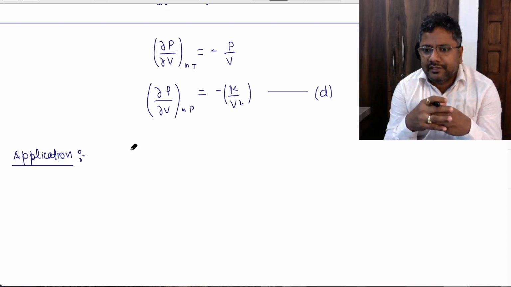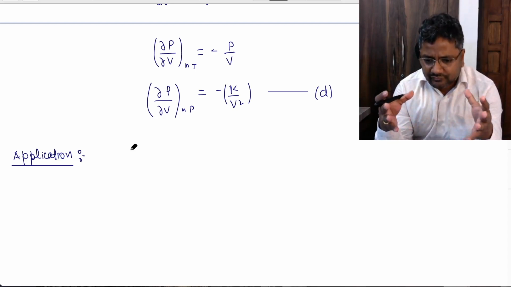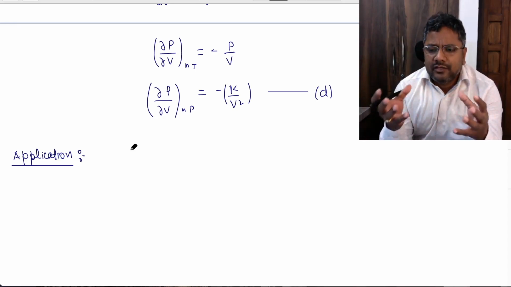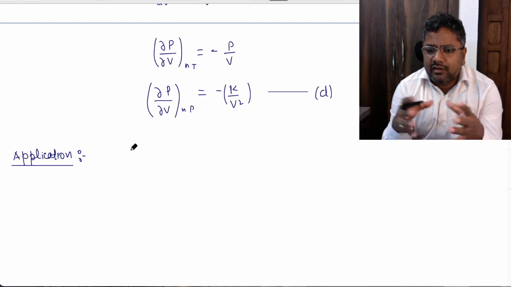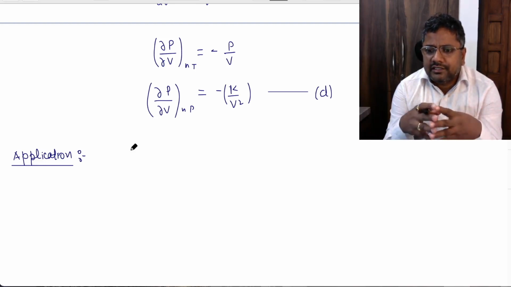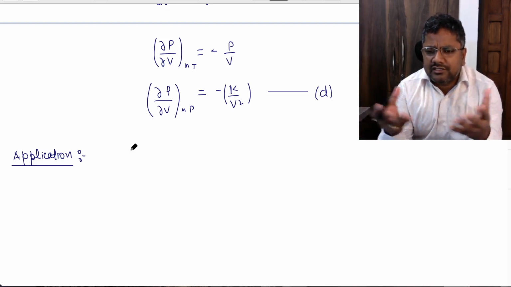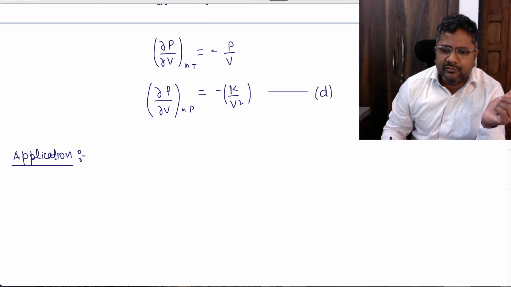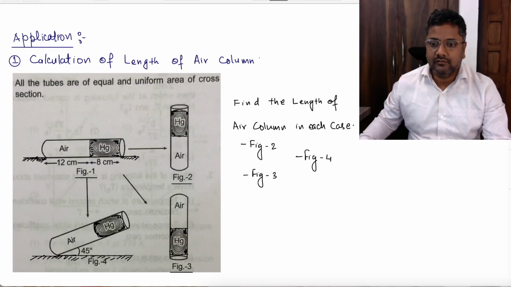We can use this to calculate the size of an air bubble at the bottom of some water level when it reaches the surface, or from surface to the bottom, what the change in the volume is. All these things we can calculate by using this Boyle's law, right?